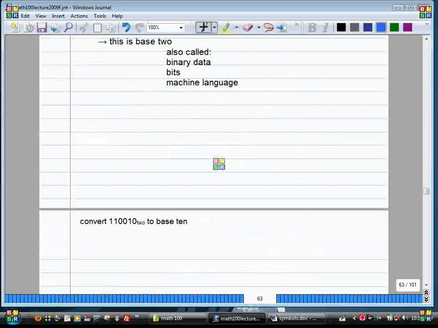So what number is this in our language, base 10? That's the way that it's written. But how do we convert this to base 10? What number is this in base 10? How do we figure this out?